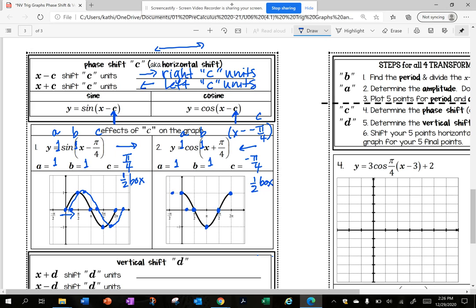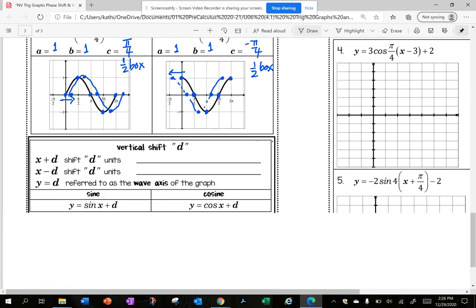So I'm going to move each of my 5 key points left a half a box. Okay, so that covers C, called phase shift. As your transformations, you learned it as the horizontal shift. Same thing.